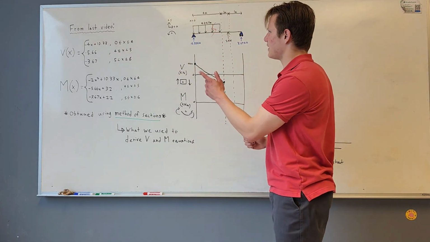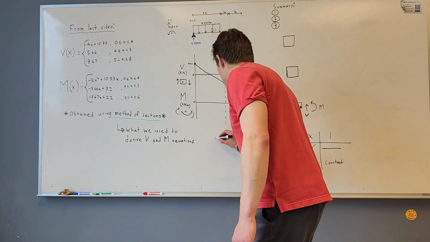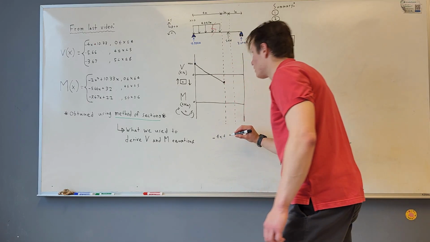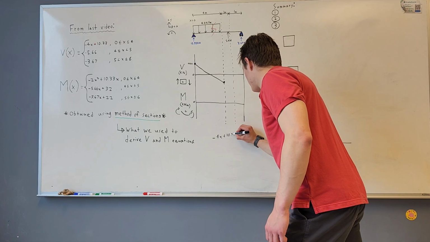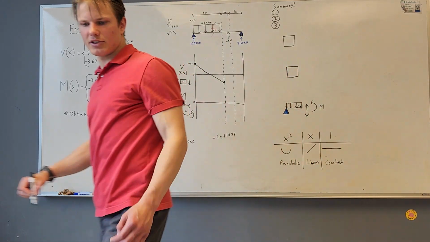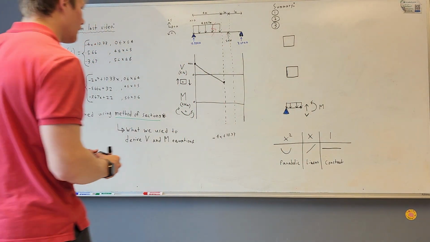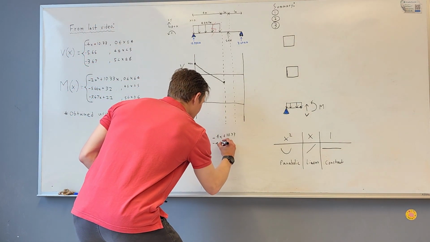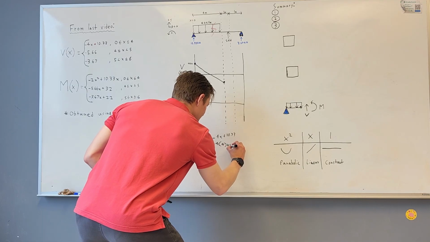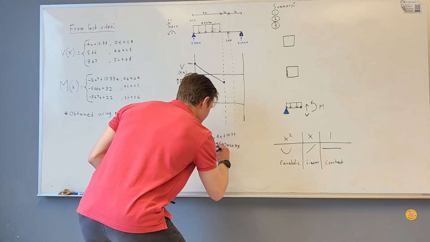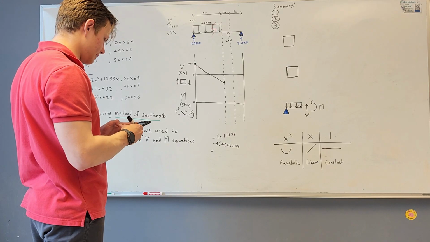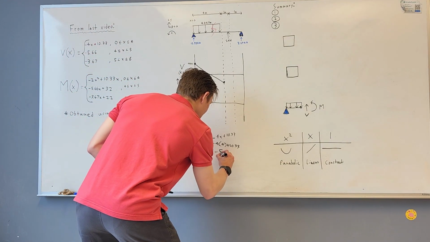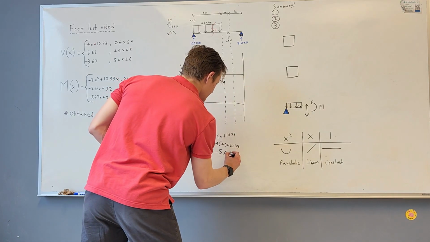So if we actually just plug in, so we have negative 4x plus 10.33. Let's just see where we ended up on our graph at 4 meters. So we have negative 4 times 4 meters plus 10.33. And that is all equal to negative 5.66.